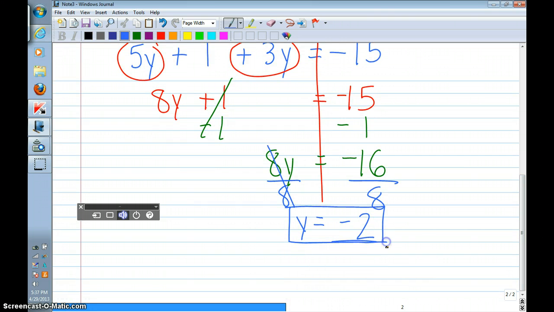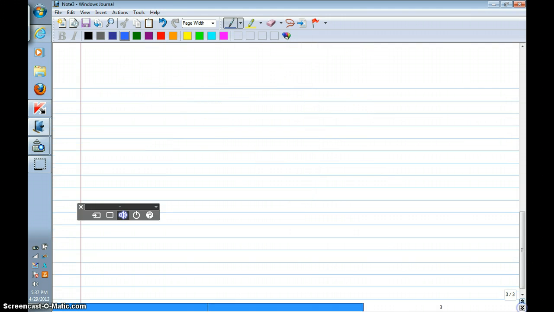There. So that is some multi-step ones, a lot like example 1. We're going to try two actually, like example 2. So I'm going to go through 4x minus 8 all over 9 is equal to 12.